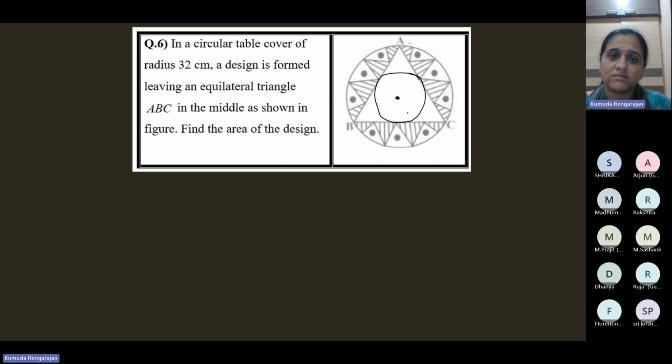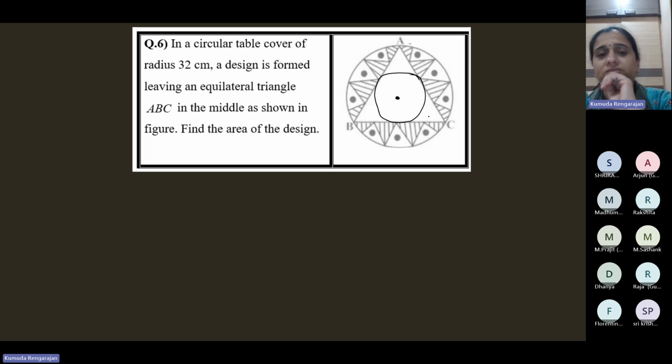If it is the circumcircle, the center is called the circumcenter. If it's the incircle, the center of the incircle is called the incenter. Both represent the center of the respective circles.